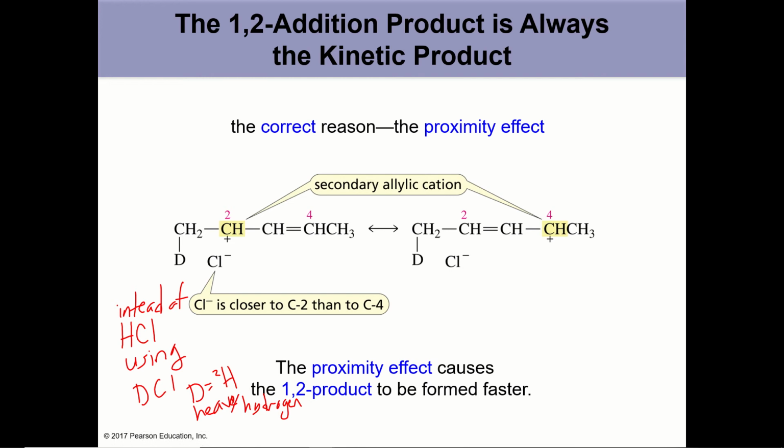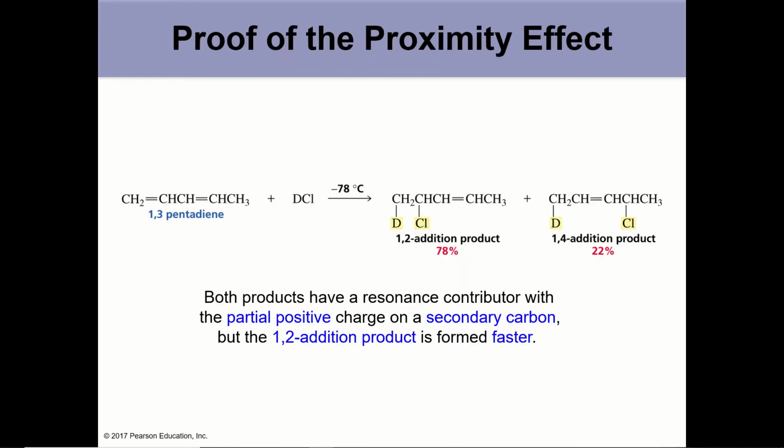And so we can show that the stability of the cation is not why the 1,2 product is the kinetic product, because when we perform the reaction with 1,3-pentadiene, the 1,2 product, or the fastest formed product, in cold conditions is still 78% favored over the 1,4 product.